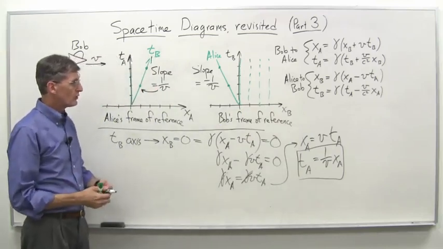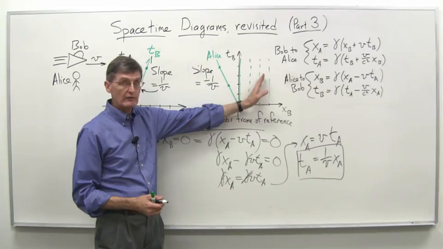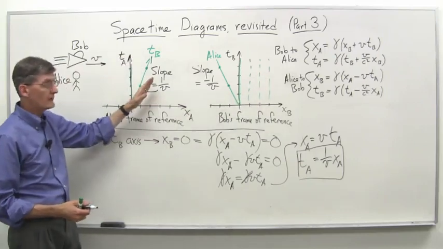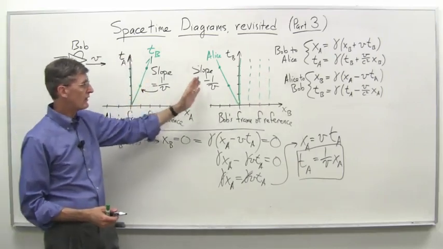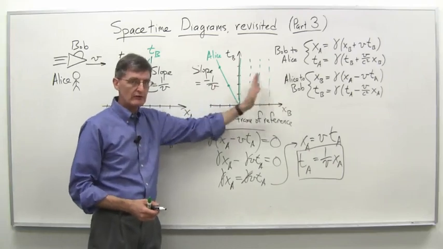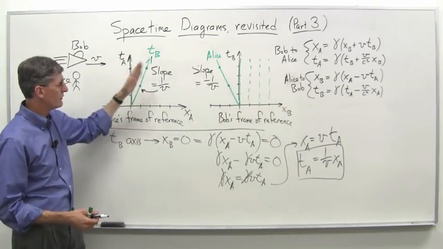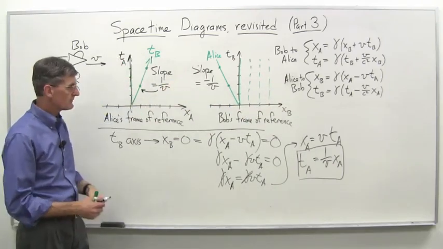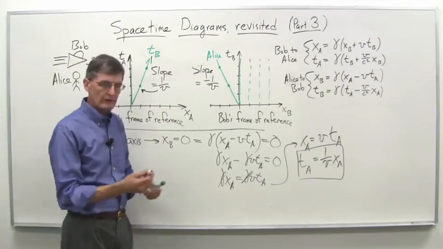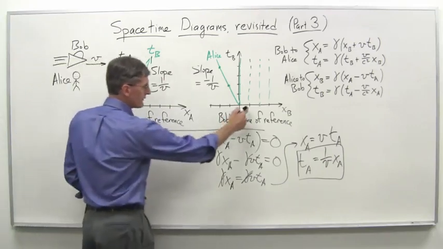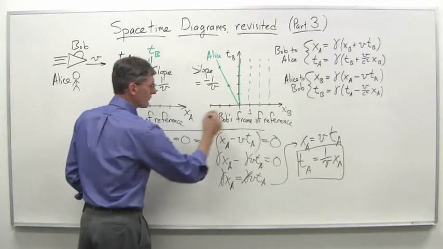Could we transform these lines of same location and also put them on this plot? In other words, we're starting to take Bob's grid, the vertical lines at least, and reproduce them on Alice's plot. Well, to do that, this line right there is xb equals 1.